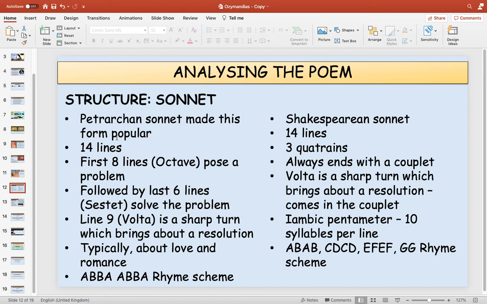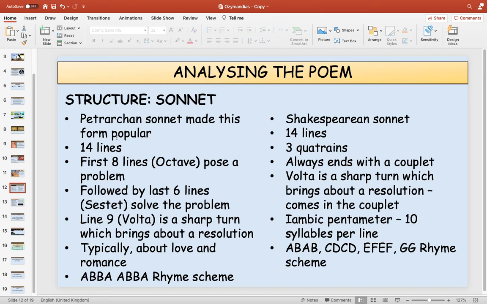They are typically about love and romance, and with this particular form of sonnet, it usually follows an ABBA rhyme scheme. So ABBA, ABBA. The next one is a Shakespearean sonnet. So Shakespeare came after Petrarchan, and this was a little bit different. He changed it up slightly.